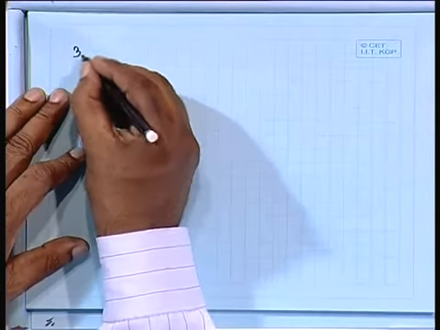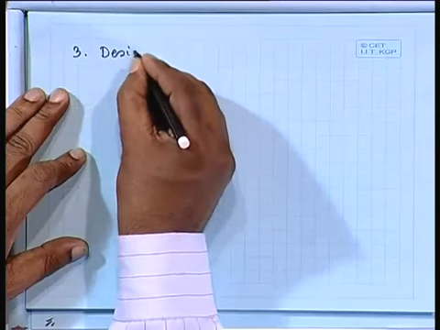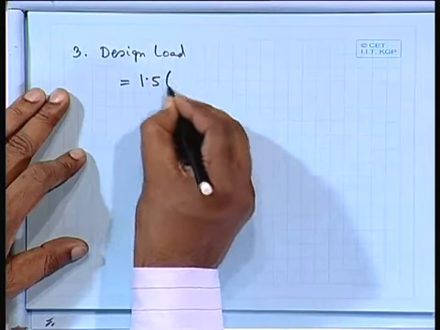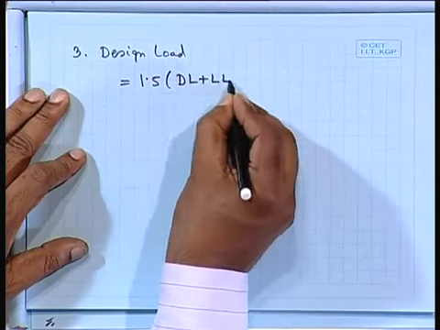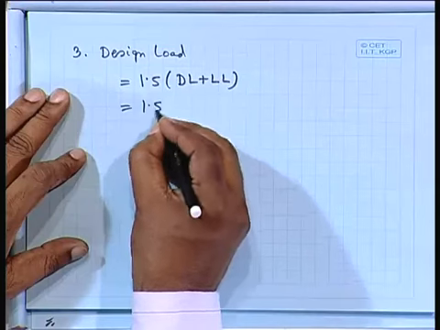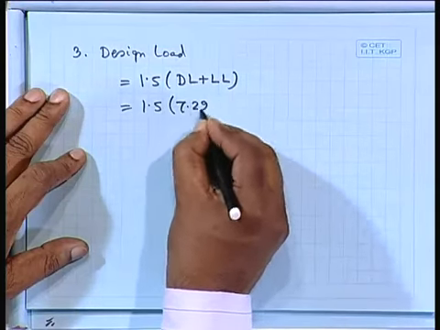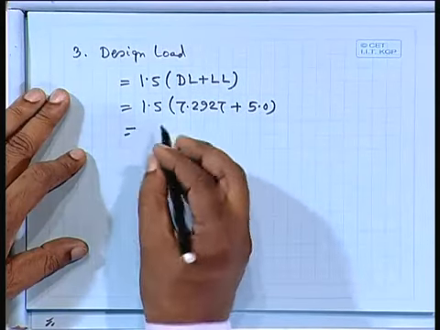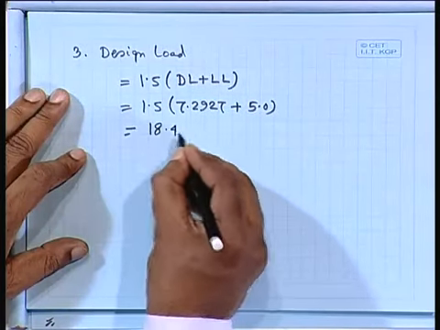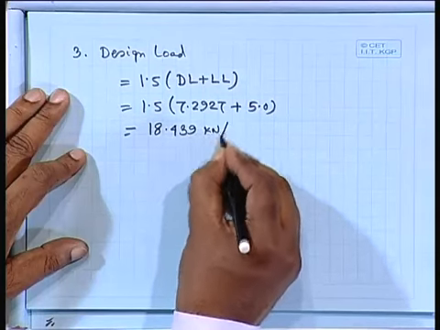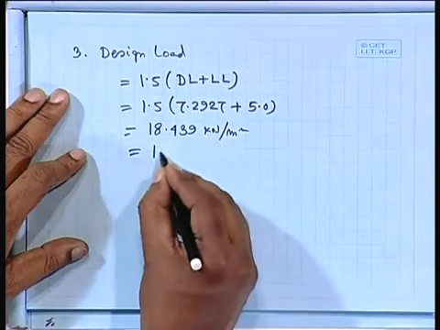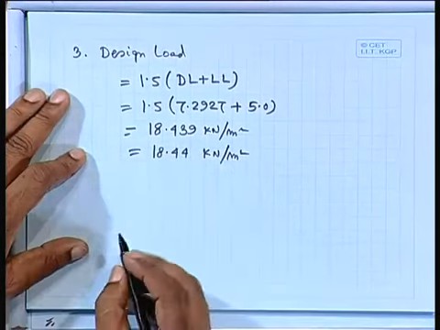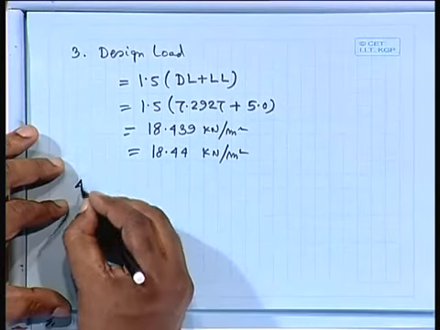Design load equal to 1.5 times dead load plus live load, so 1.5 times 7.2927, which we have already computed, plus 5.0, that which we have to provide, 18.439 kilonewton per square meter, let us assume 18.44 kilonewton per square meter. What about the bending moment?